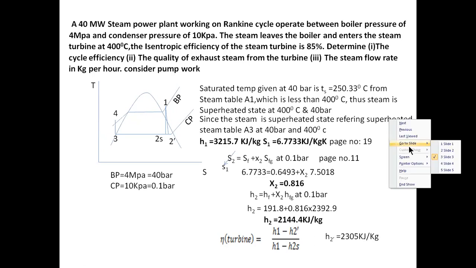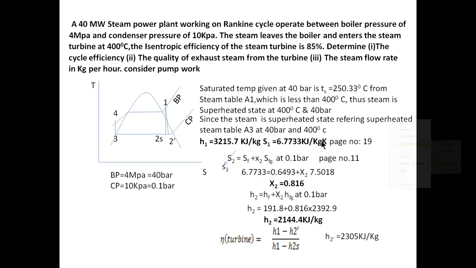Okay, next, after finding H2 dash, we will find X2 dash, that is the dryness fraction. The dryness fraction at X2 is different and X2 dash is different because the process has deviated from the isentropic process.